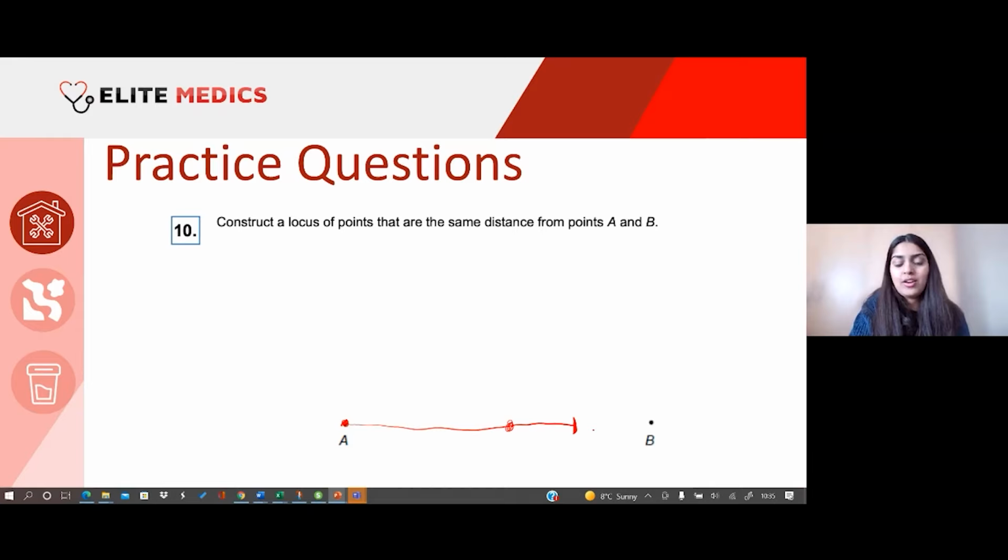So extend it beyond halfway, and then rotate your compass to draw an arc at about here. Don't draw the full arc because that would be a bit long. Just make sure that you draw one right above, and then again, don't change the width of the compass, keep it the same, and put the pointy bit over here at B, and then without changing the width of the compass, draw another arc that goes like that.